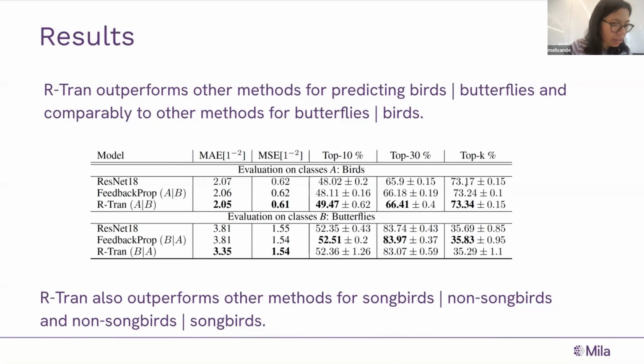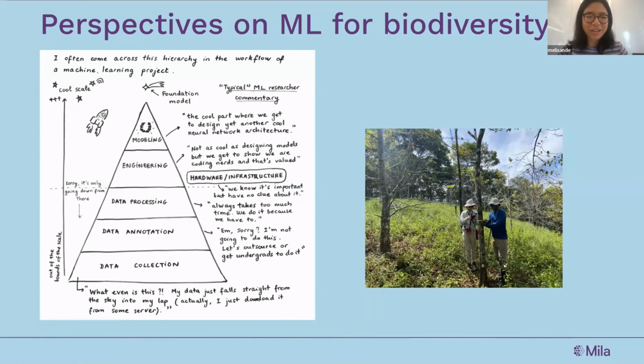Okay, I will keep time for questions on this, but I just want to end this talk with some perspectives on machine learning for biodiversity. So we looked at different ways of how we can start tackling this problem of filling the gaps in biodiversity data.